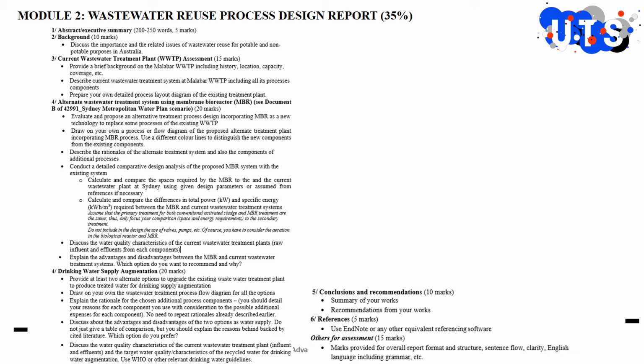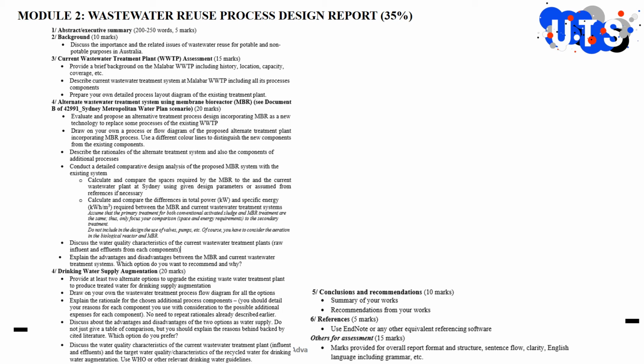Use different color lines to distinguish the new components from the existing components. You can also describe the rationale of the alternate treatment system and the components of additional processes.